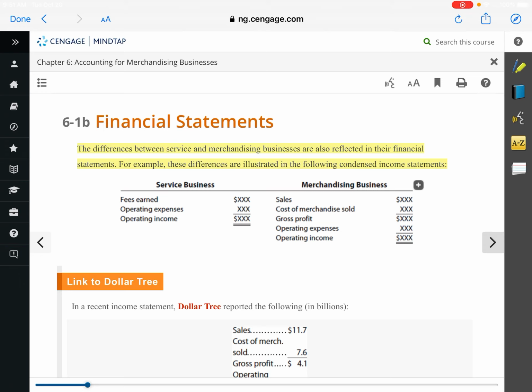So when we make a sale, we have an extra step. We can't just take the sales price and say that that's profit, because we went and bought that. We have to take the cost it took us to acquire those goods to be able to figure out what our net income is.